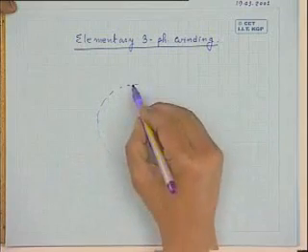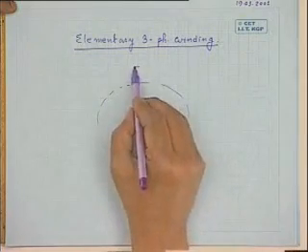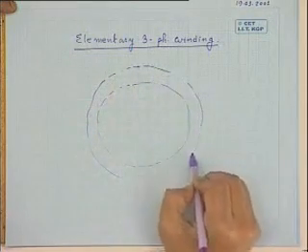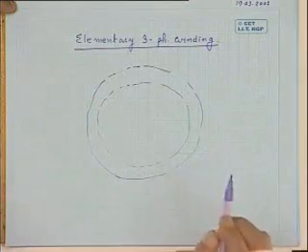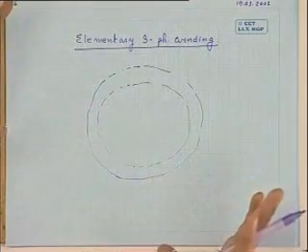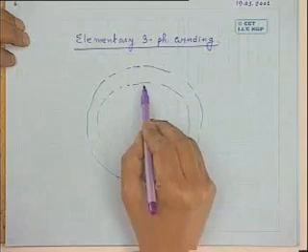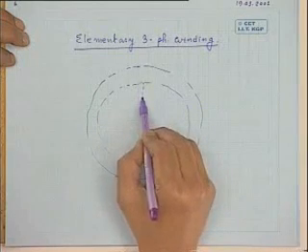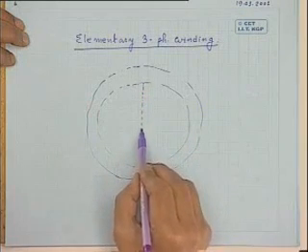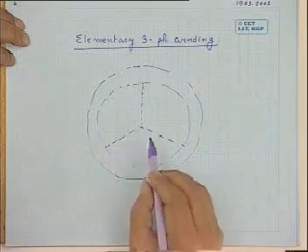Suppose a stator has 6 slots, equispaced, such that the angle between 2 consecutive slots will be 60 degrees. So what you do, you divide this one by this one.